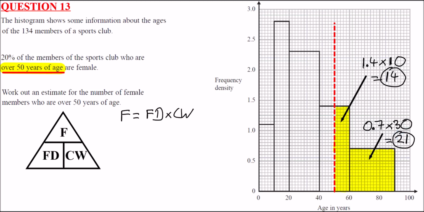So in total, for people over 50 years of age, I've got 14 from this first slice of the bar, plus 21 here. So the total over 50 years is 14 plus 21, which is 35 people.